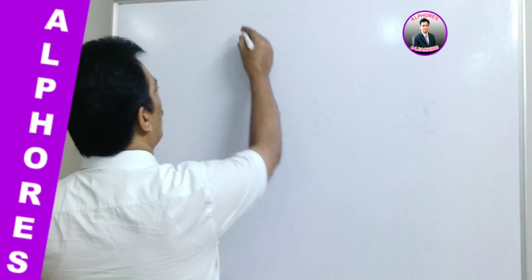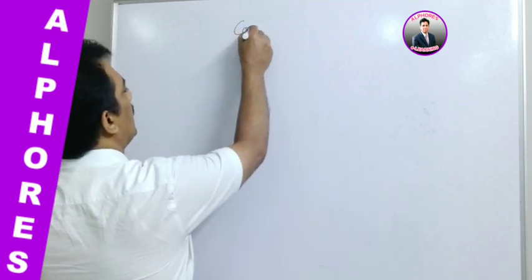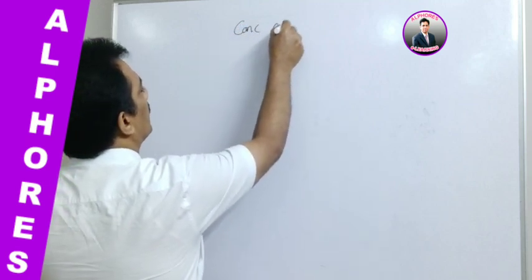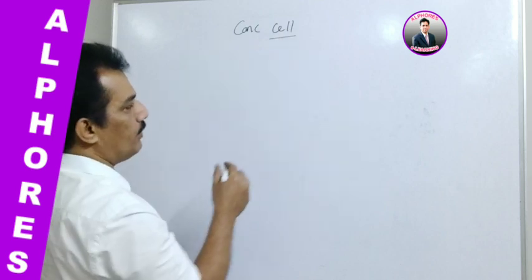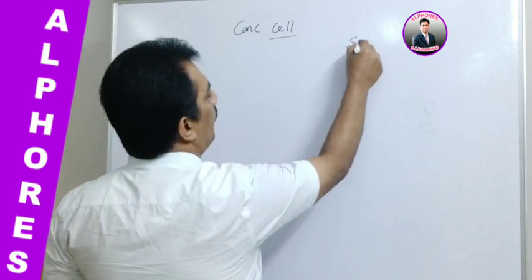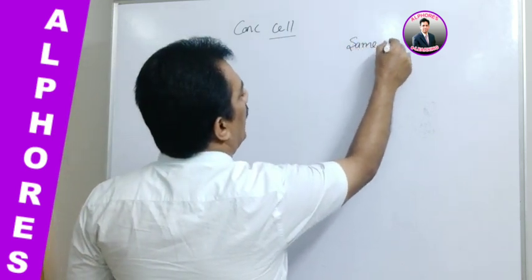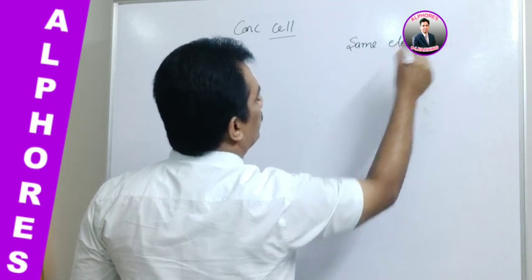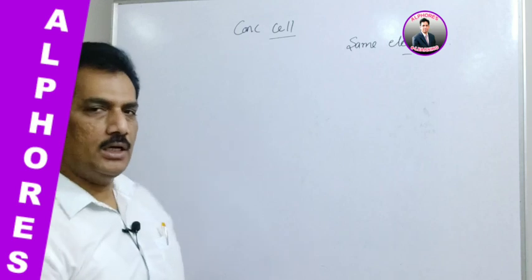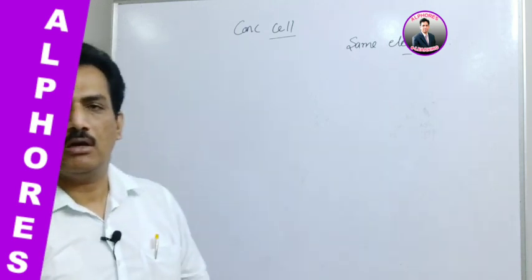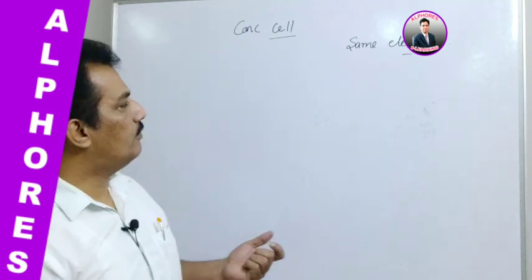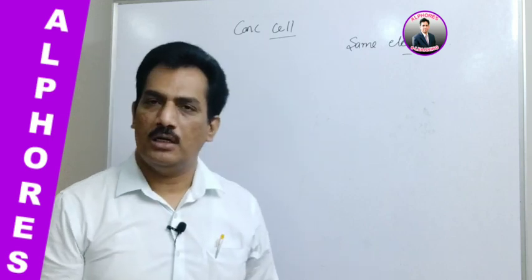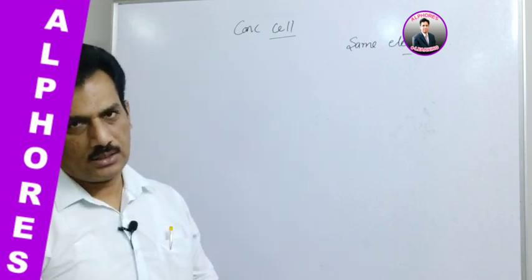As we know, a concentration cell is nothing but the cell constructed from same electrodes, that is, if the cell is from metal electrodes, both the metals are same, or if it is constructed from non-metal electrodes, both the non-metals are same.